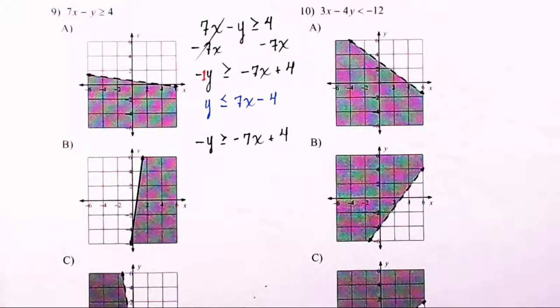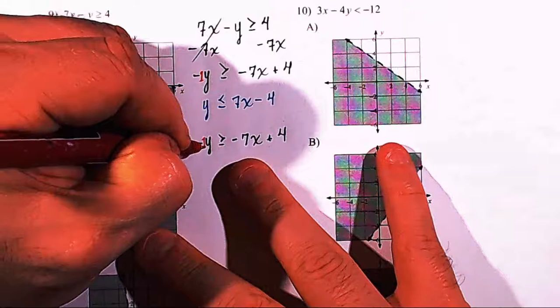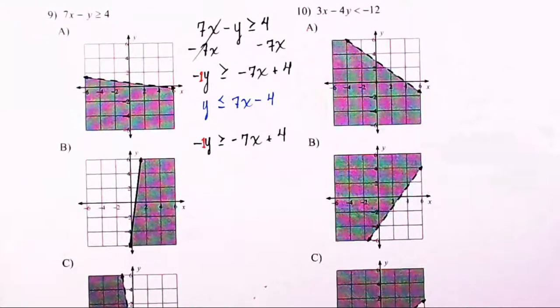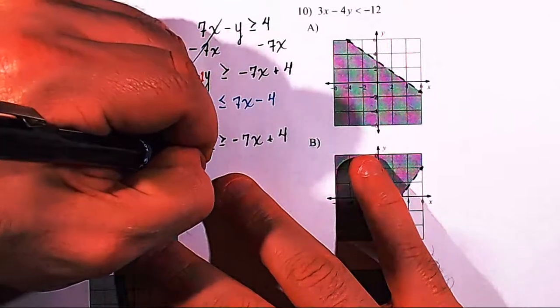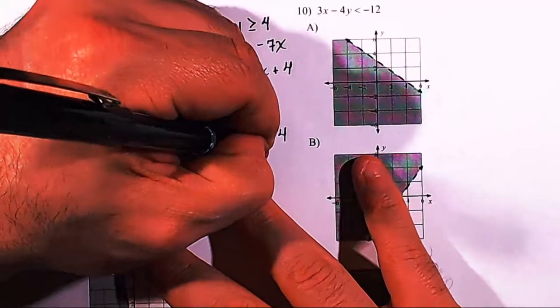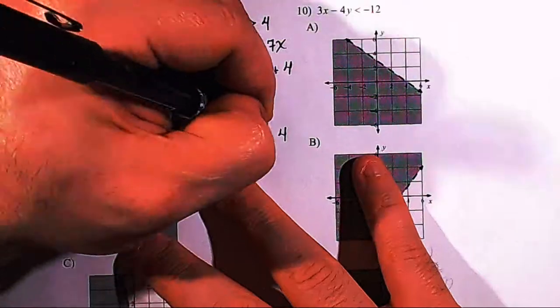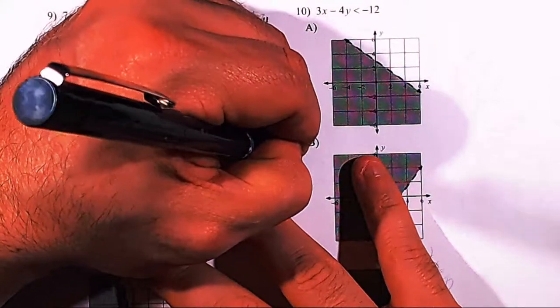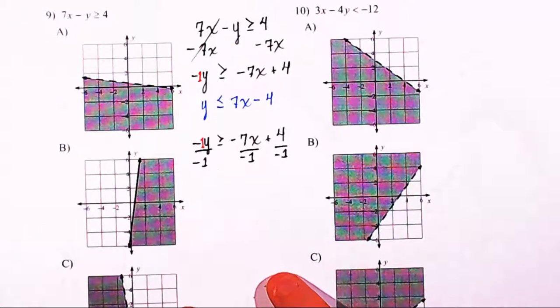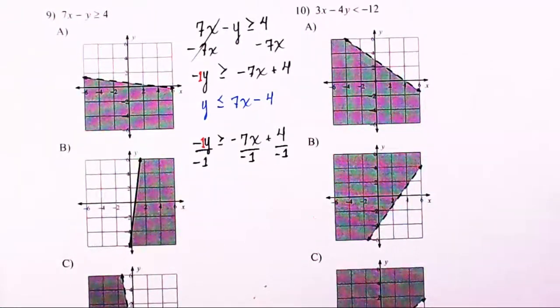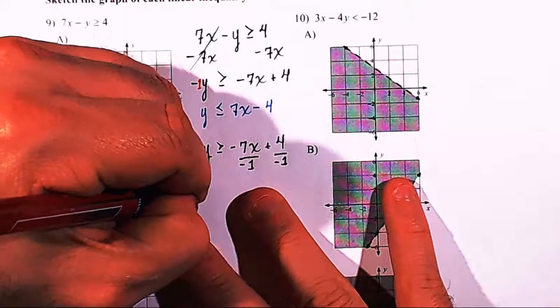And remember, there's a little 1 hiding right there. So I'm going to divide each term by negative 1. When I divide by negative 1, I have to flip the sign.